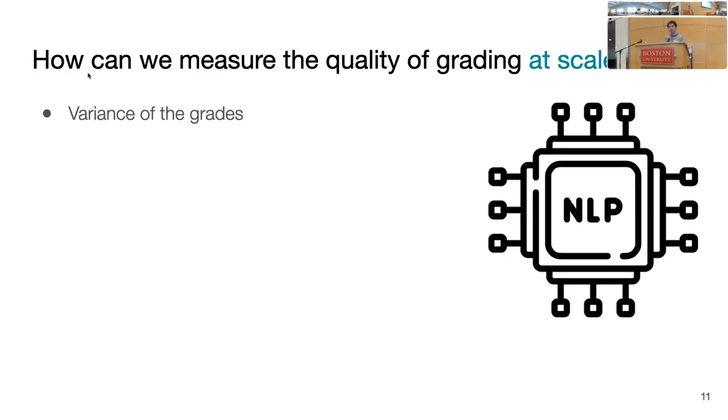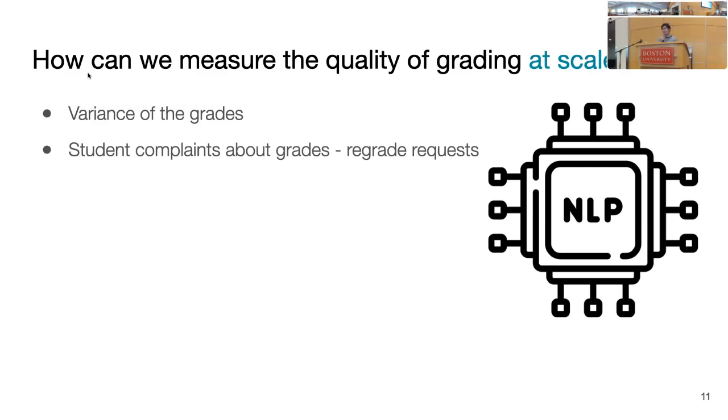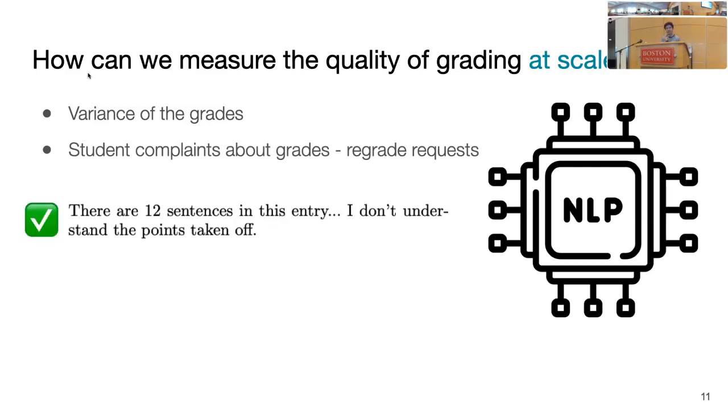So we use NLP to identify some students' complaints about the grades. After the grades are posted, students are allowed to comment back to the teacher about the grades, and in this kind of comment, students can also complain about the grades. Here are some real examples. For example, there are 12 sentences in this entry. "I don't understand the points taken off," right?